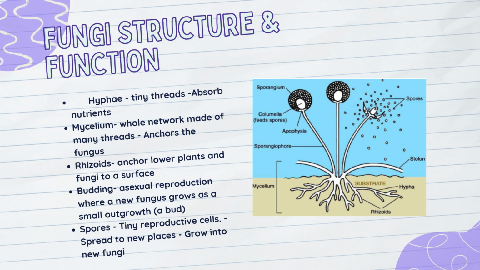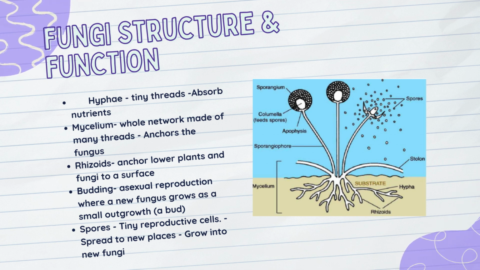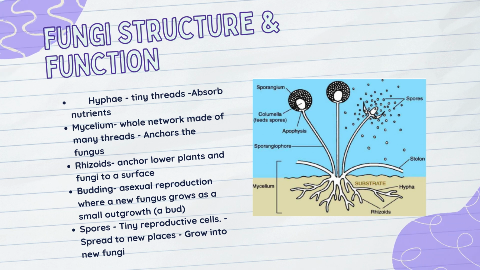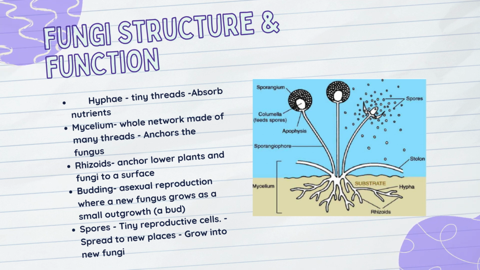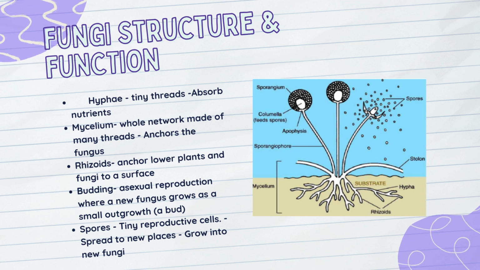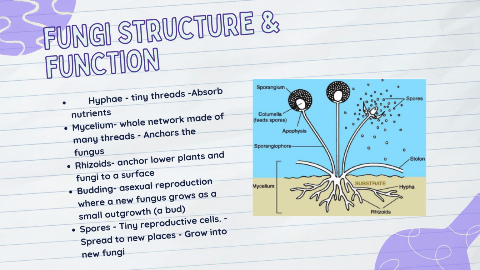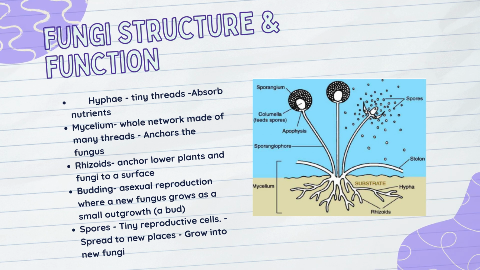The mycelium is the main feeding part of the fungus, and it increases surface area for absorption of nutrients in the soil or food for the fungus. And then we have the spores. The spores help with asexual reproduction for the fungus, and we will talk about that later.